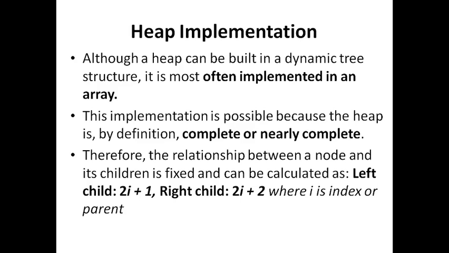Whenever the parent is stored at index i, its left child will be stored at index 2i plus 1 and the right child will be stored at index 2i plus 2. So in this way, if you know the parent index, we can easily predict where its left child and its right child would have been stored. 2i plus 1 contains the left child, 2i plus 2 contains the right child.